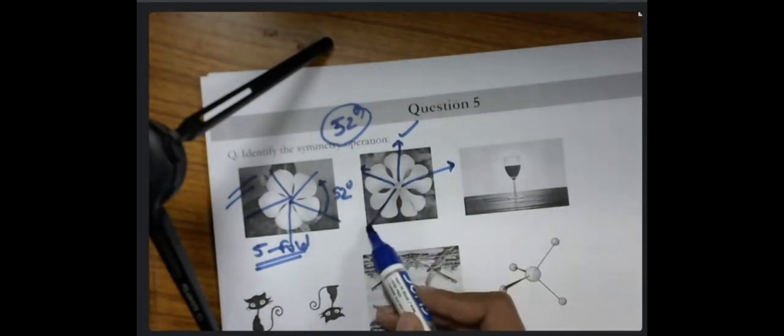What about this second figure? Don't get confused and say this is tenfold because there are 10 leaves. No, two of them are clubbed with each other, all two of them. So again, this is 5-fold.